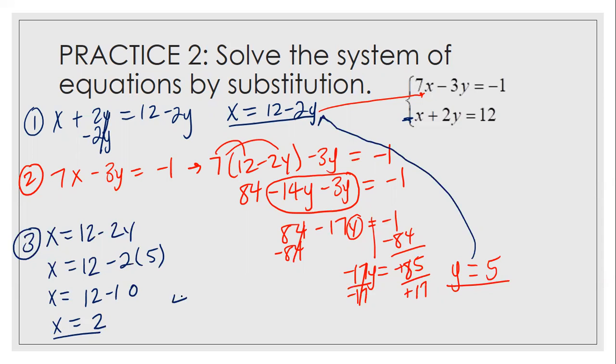So therefore, our solution is 2, 5. And I can plug this in and verify it by checking it with either one of those. If it doesn't make a true statement, then that means I did something wrong.